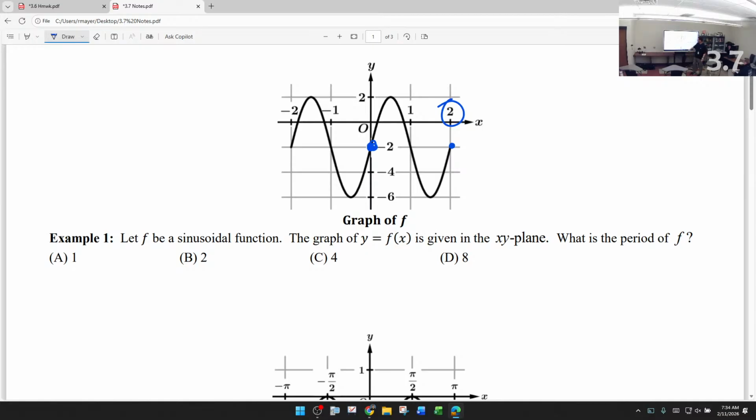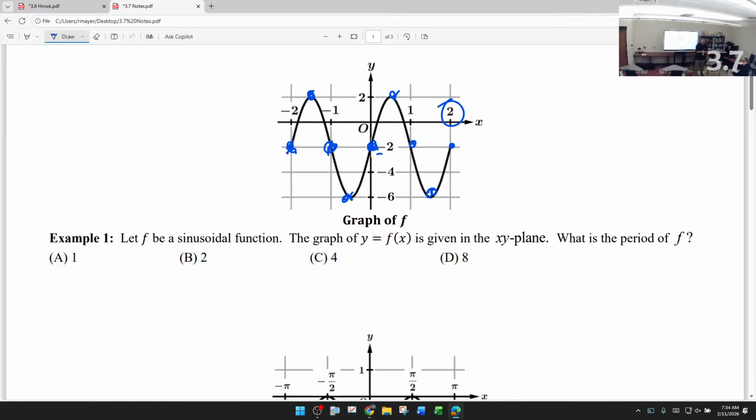But it doesn't matter if you want to start right here and go right here. That distance is 2. If you want to start up here and go to here, that distance is 2. It's -1/2 and +0.5. Wherever you want to start and end, it doesn't matter.